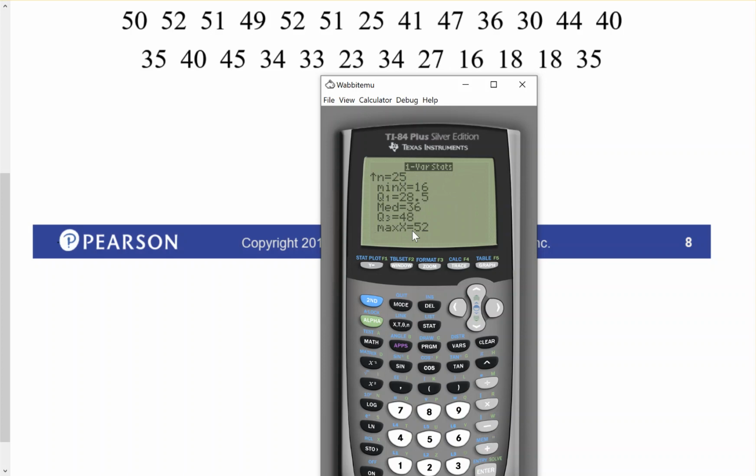And then here it gives us our least, our most, and it gives us our Q1, median is our Q2, which is 36, and Q3 is 48. So there's our Q1, 28.5, Q2, 36, and Q3, 48.